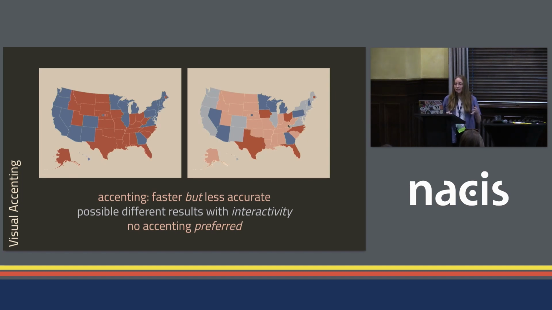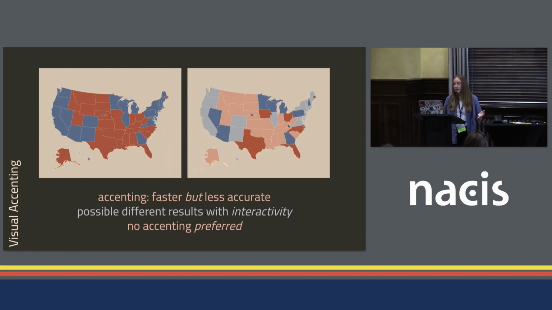I think that likely the case is they made a snap judgment about the accented state because it stood out so well, so they assumed that was the correct answer for that type of question. Again, this is not the only way to do visual accenting. As we saw in the news organization map, they made the states that were not swing states completely gray.